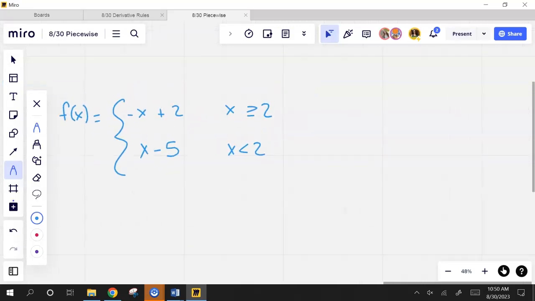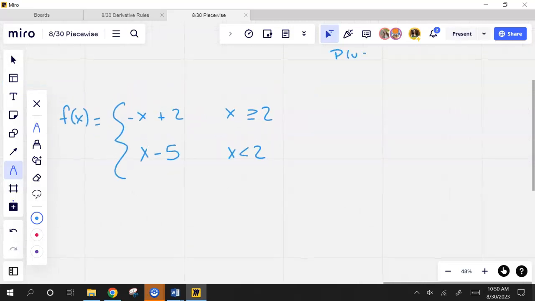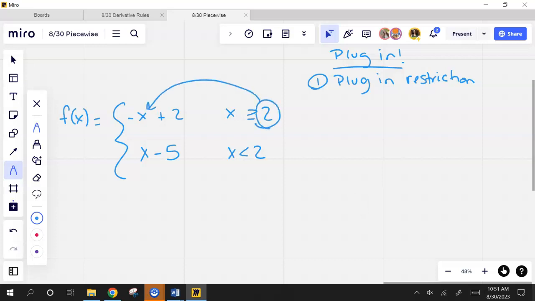All right, so here's what I'm going to do. The first thing I'm going to do is plug in the restriction. In other words, where it's cut off, okay? So this one's cut off at 2, so that's what I'm going to plug into this equation.